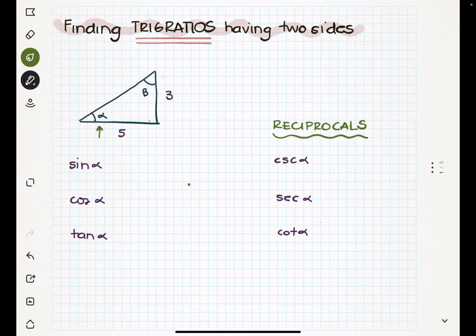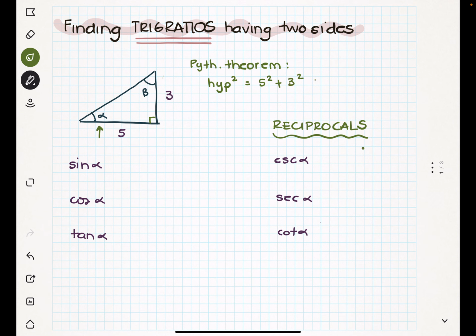You know that if you have a right triangle, you can use Pythagoras to find the hypotenuse, right? So let's do that. So using Pythagoras' theorem, we're going to solve for the hypotenuse. So we have the hypotenuse squared is equal to the sides squared.